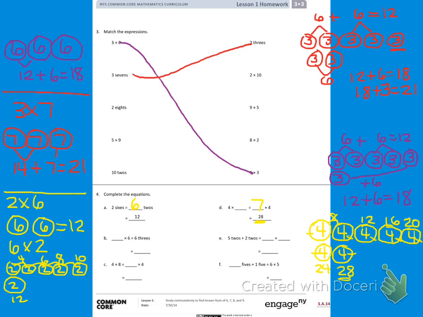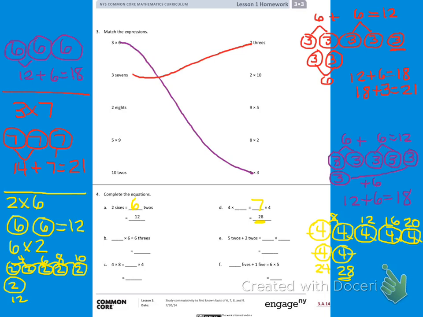Now, if 7 groups of 4 is 28, what number goes on the next line? 4 groups of blank is 28. Don't forget about that commutative property of multiplication. Just switch those factors around. Let's look at item E.